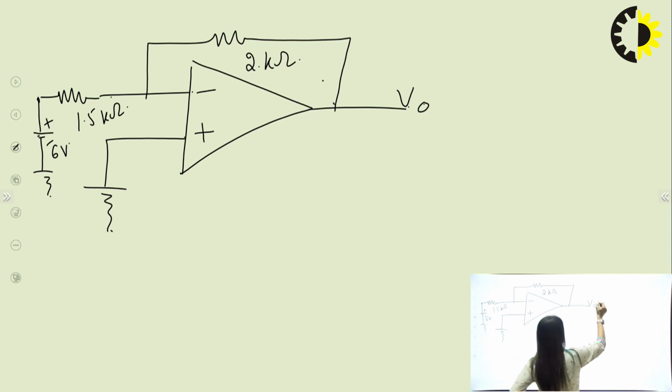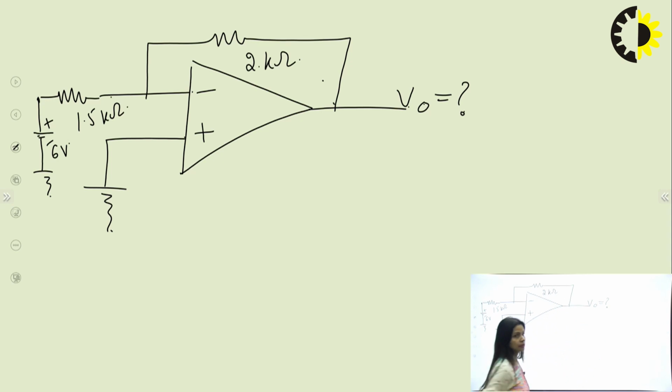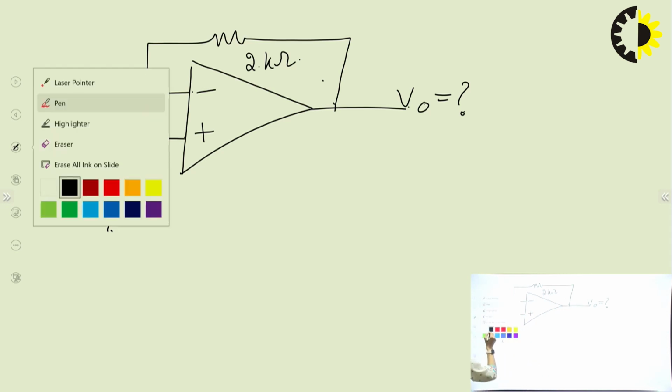Now we need to calculate the output voltage. Okay. So we should be very clear how we should proceed for the OPAMP numericals, right? We will solve it now.